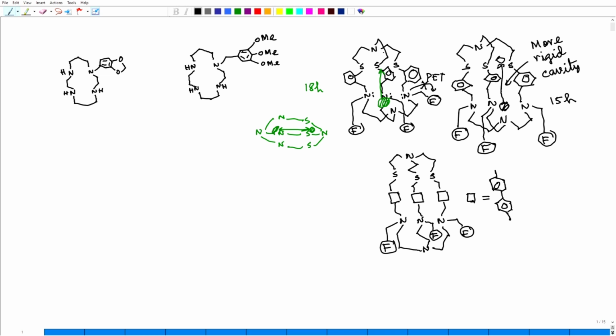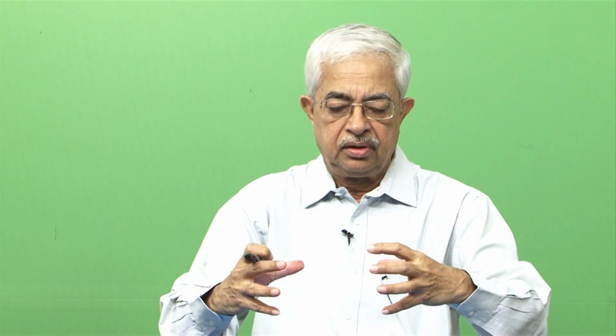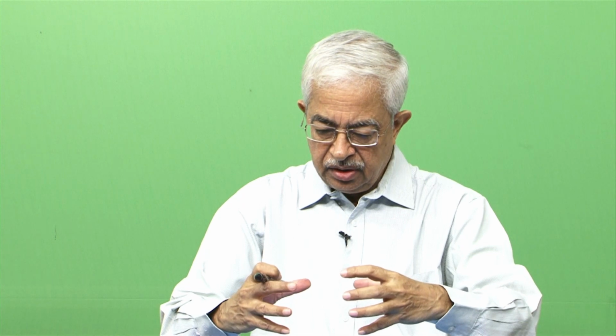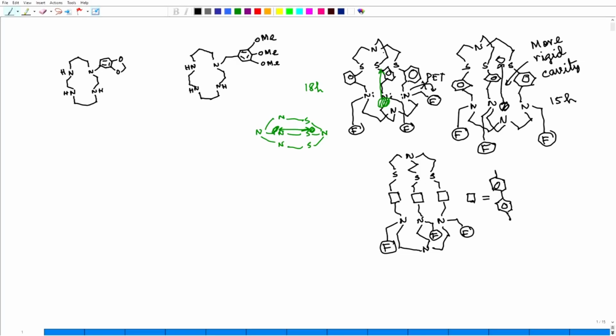So, here we have a much longer hydrophobic space compared to here or here. Because the hydrophobic space is longer, what can happen? So, this is one more important piece of information.